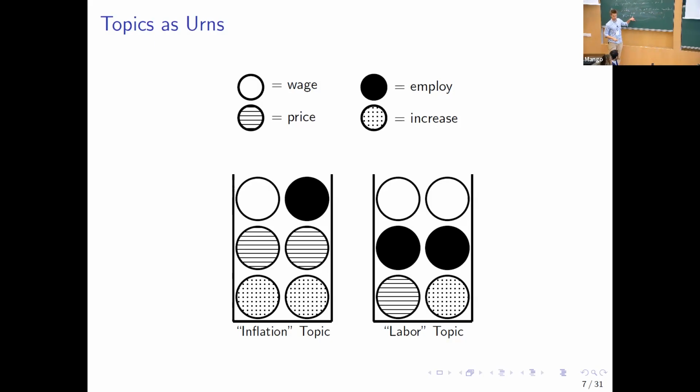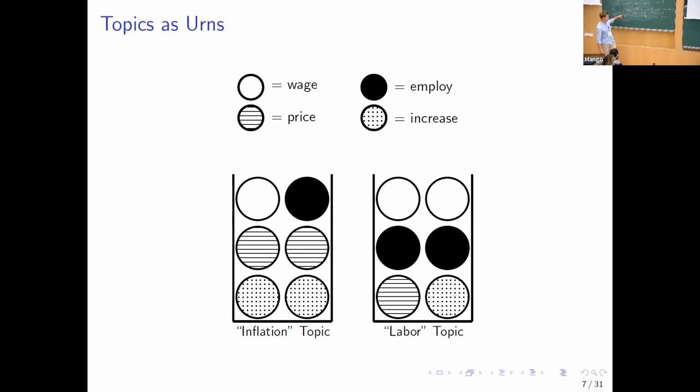What's the probability of drawing wage conditional on talking about topic 1? That's 1/6. There are 6 balls and one of them is wage. The probability of drawing the price ball is 1/3. The probability of drawing the employee ball is again 1/6. And the probability of drawing the increase ball is 1/3.